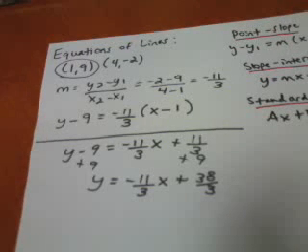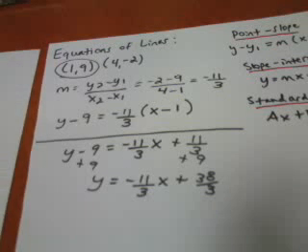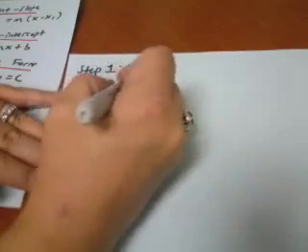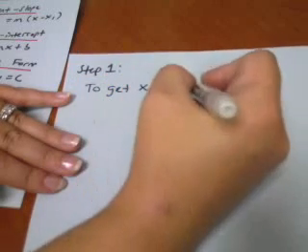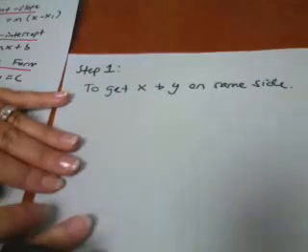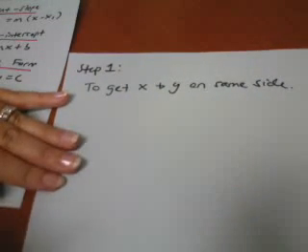Now we're getting into standard form. Standard form is a little bit tougher, and it involves 3 different steps. The first step for standard form is to get x and y on the same side of the equal sign.